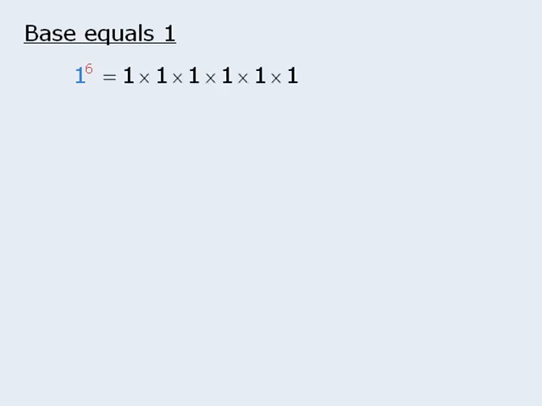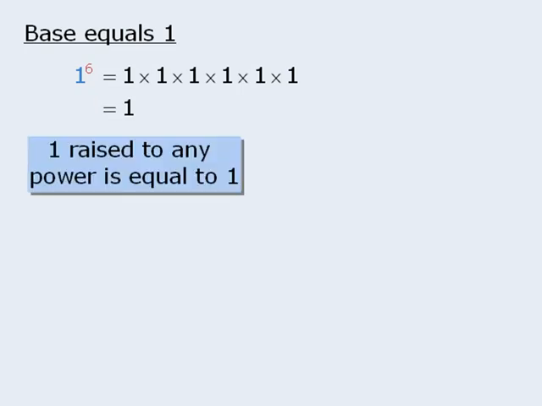Okay, now let's examine some special properties related to exponents. The first property concerns expressions where the base is equal to 1. In this example, 1 to the power of 6 equals the product of 6 ones, which equals 1. In general, we can say that 1 raised to any power will always equal 1.